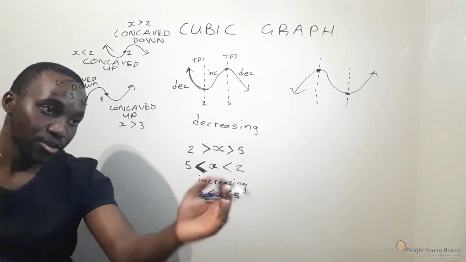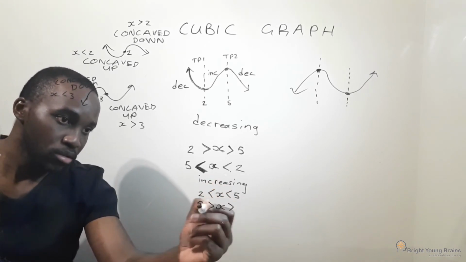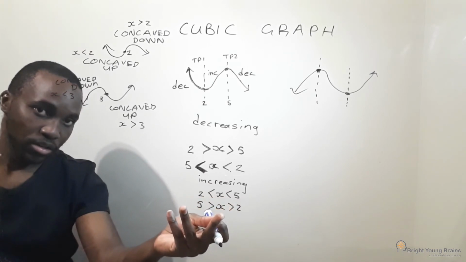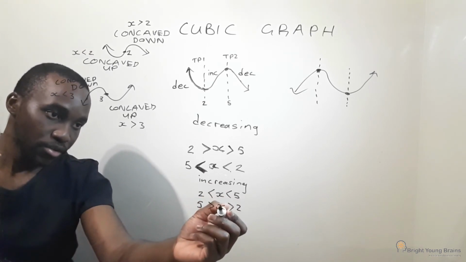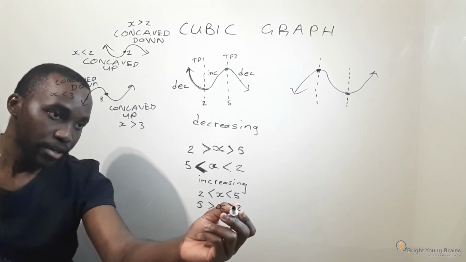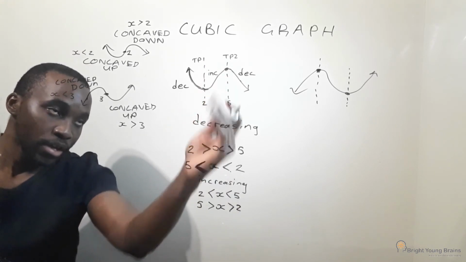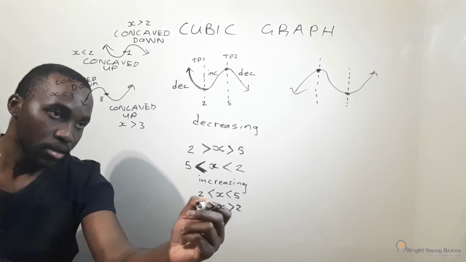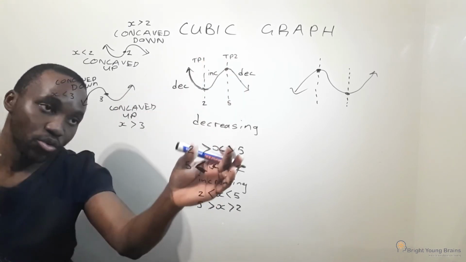Again, if you had made your arrows point the other direction, your numbers would be in two different slots there. This is still saying that your x values need to be bigger than 2 and your x values need to be smaller than 5. So obviously you only need to give one set.